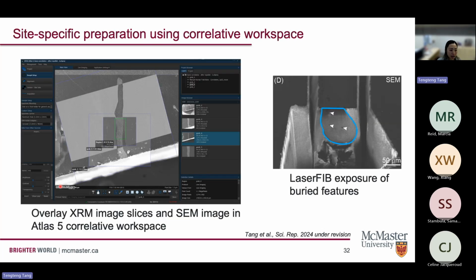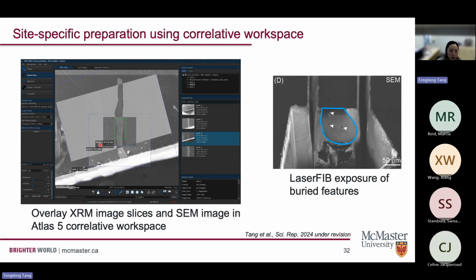And this step, which is very critical following the XRM scan, is that we can import the XRM data into the crossbeam system, and we can overlay the XRM data with the SEM image of the sample surface acquired in the crossbeam system, and utilize the Atlas correlative workspace.